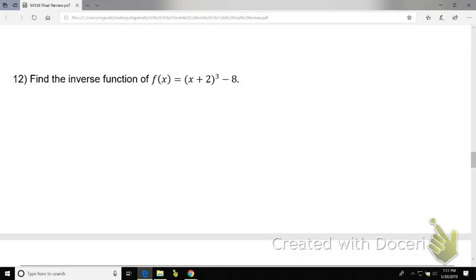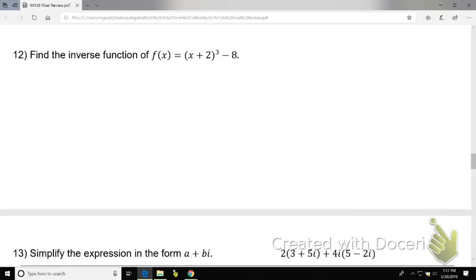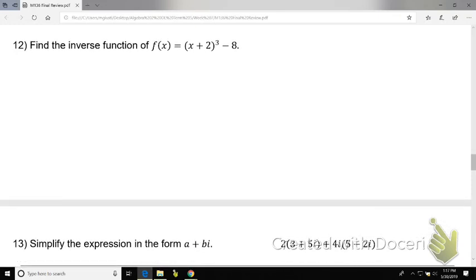So if everybody at all the schools looks up at the screen right now, it's supposed to say f of x equals (x plus 2) to the third minus 8. So yeah, that was a typo. That was me forgetting to hit the shift on my keyboard when I typed it up.